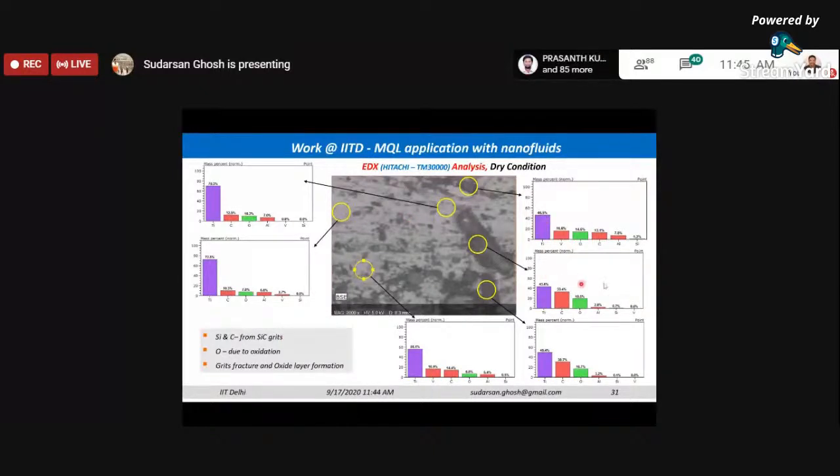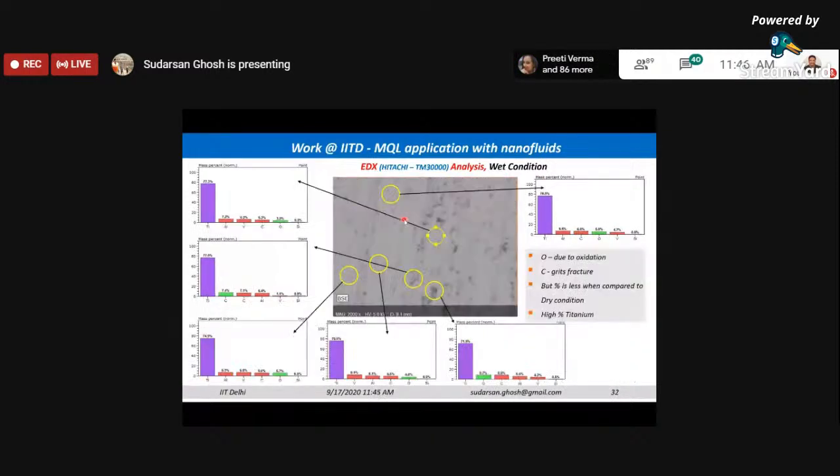The mass percentage of these materials is shown over here. So we can conclude that oxygen has come up in the ground surface mainly due to the oxidation produced because of the high temperature, and grit fracturing has happened, and some kind of oxide layer has also formed in case of the dry condition. But this oxide layer is not a tribofilm layer, so it has not helped in the reduction in the friction coefficient.